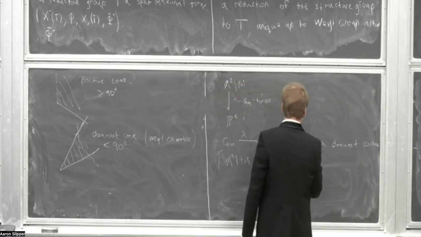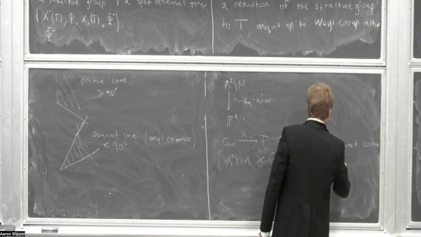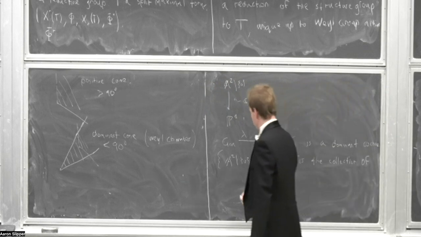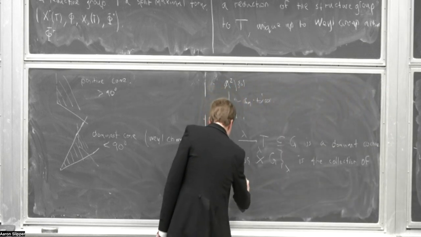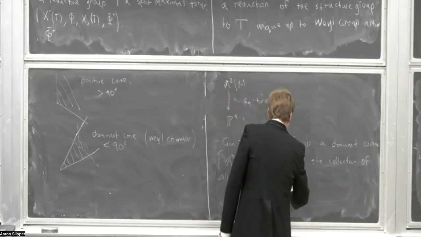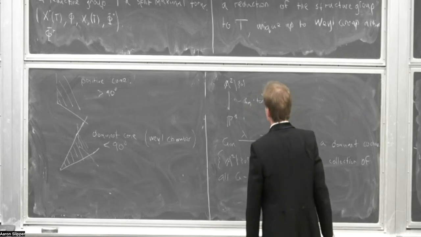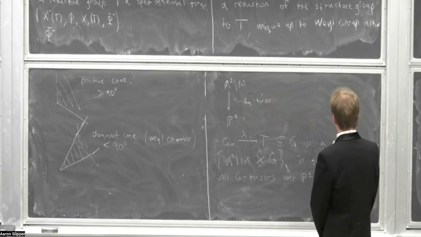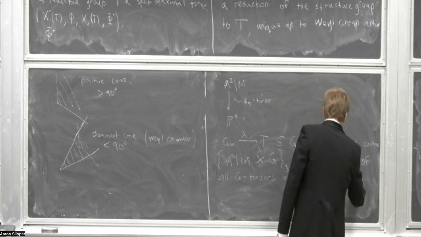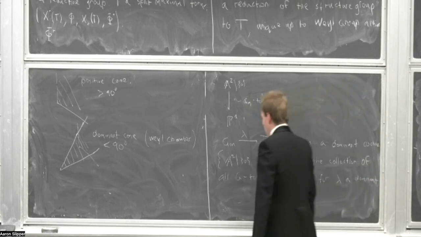Each lambda is the collection of all G-torsors over P1 for lambda, the dominant co-character.